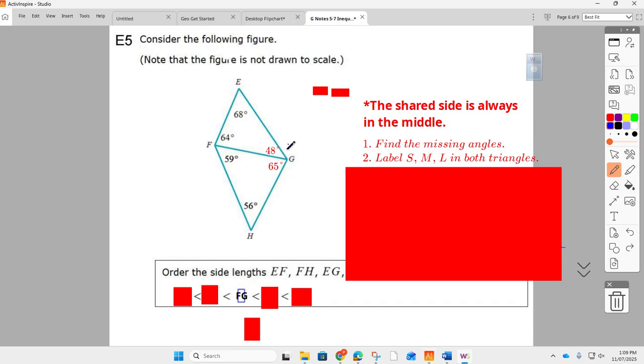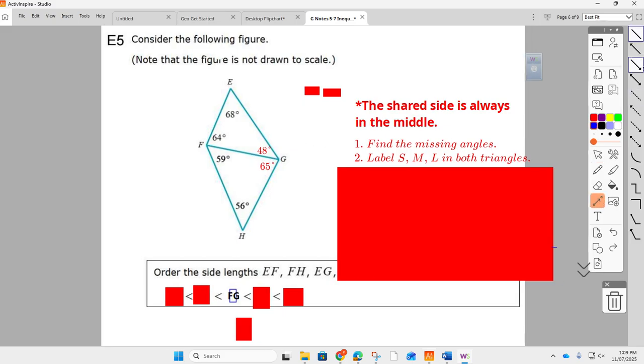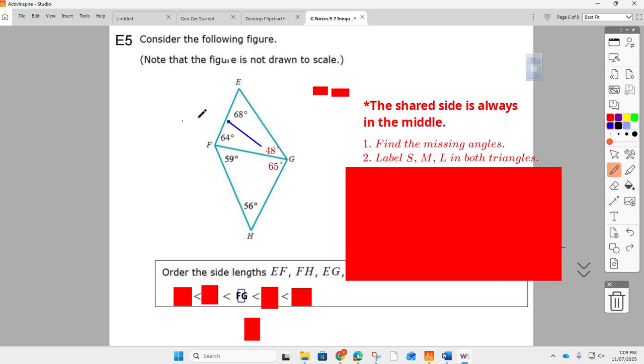What is the shortest side in triangle FEG? FE, because it's across from 48, right? So we're going to label that one short. What is the next shortest side? We're looking to name the medium length side.